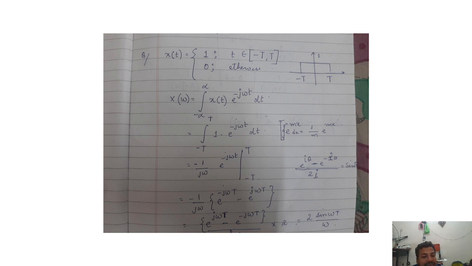That is, the input is X of omega equal to 1, where omega is lying between minus pi to pi. You can note it down. The problem: X of omega is equal to 1 for omega lying between minus pi to pi, and the value will be 0 elsewhere. For this problem, you have to obtain the inverse Fourier transform and ultimately obtain the original signal x of t.